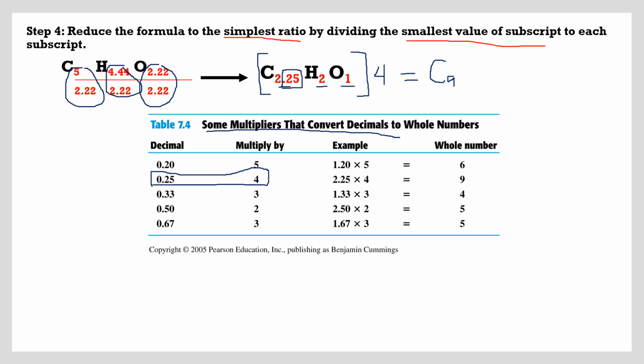H2 times 4 becomes H8. And for oxygen, 1 times 4 is 4. Now notice that they are already whole numbers. So the final answer is C9H8O4. That is the empirical formula for aspirin.